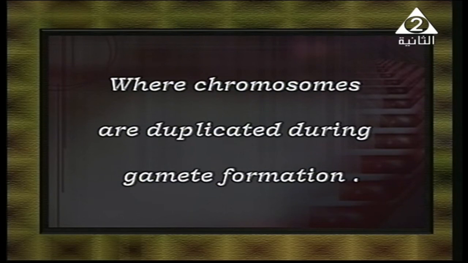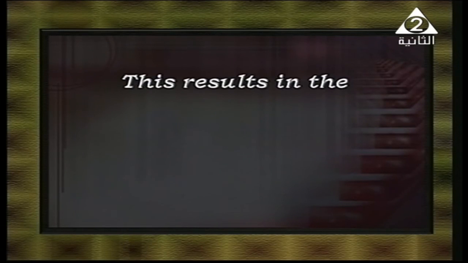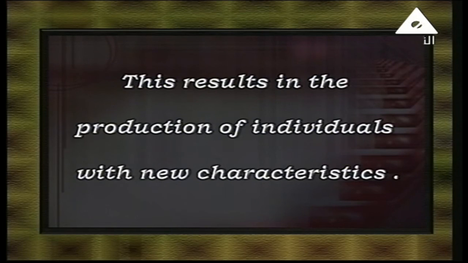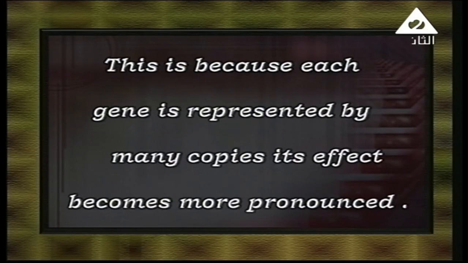Where the chromosomes are duplicated during gamete formation, what happens? This results in the production of individuals with new characteristics, okay? And this is because each gene is represented by many copies. The effect of each one of them becomes more pronounced, more clear, and appears in the individual.